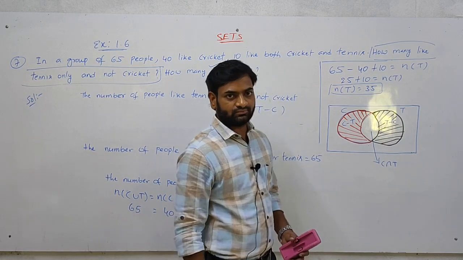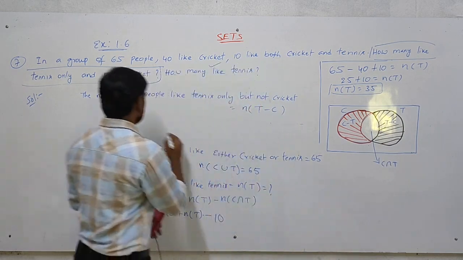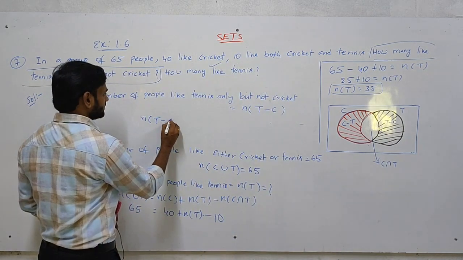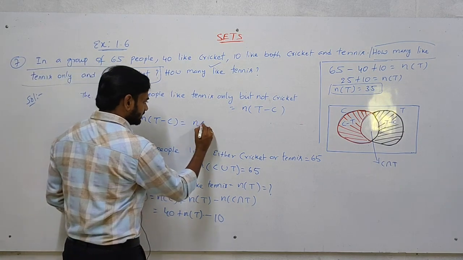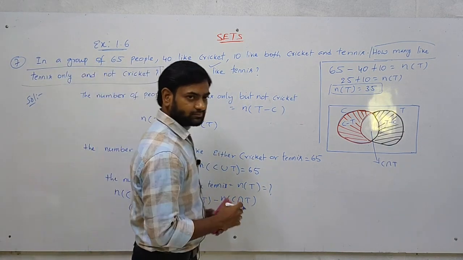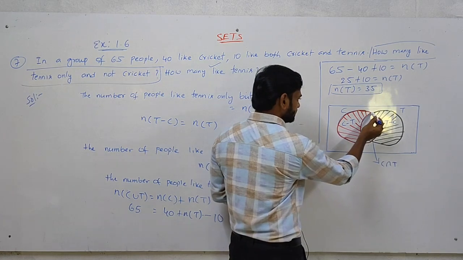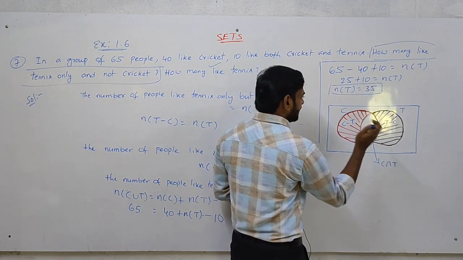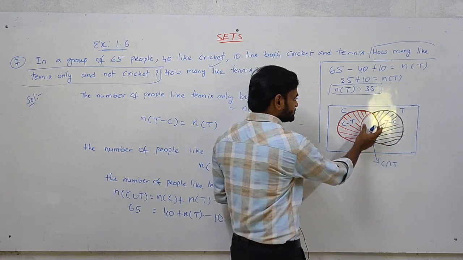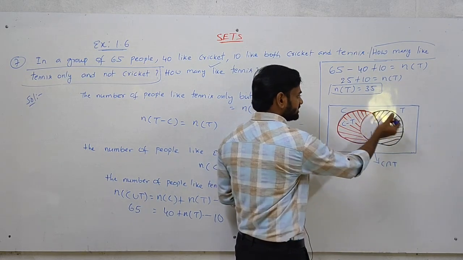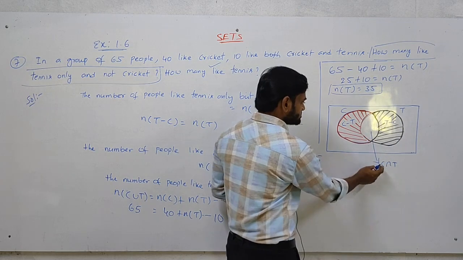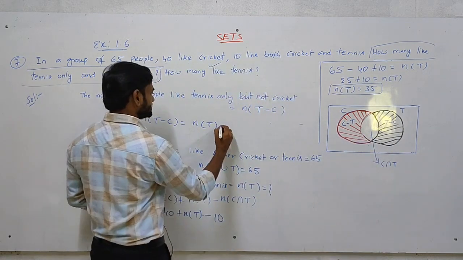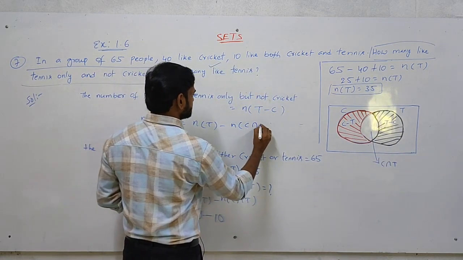T minus C. So n of T minus C is equal to n of T, minus n of C intersection T. In this entire T, I am deleting this part. What is remaining is T minus C.